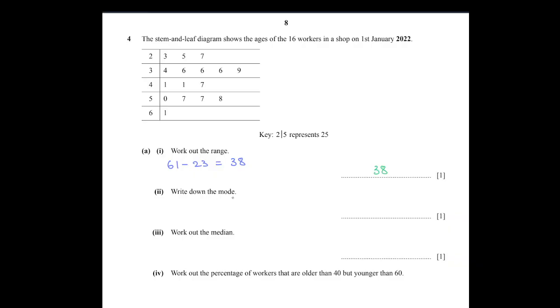Question number 2. Write down the mode. The mode is the number which repeats the maximum number of times. So 36 is repeated here when you see. So 36 is the mode. Work out the median. For the median you have to cancel out from the smallest and highest. So I'll cancel out the extreme numbers like this. So 39 plus 41 by 2.